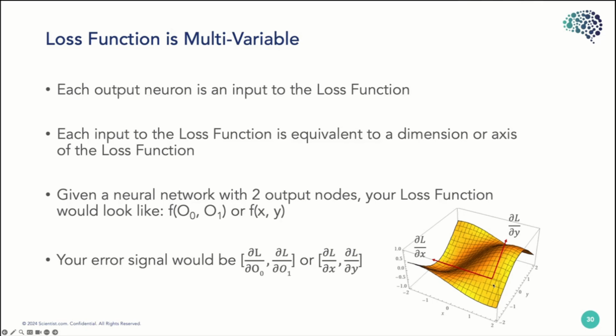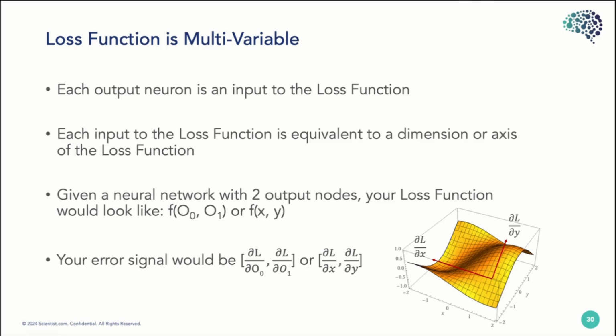Okay, so where does the derivative come in? What we're looking at here with this scary looking d is what's called a partial derivative. This is the partial derivative of loss with respect to x. And what that means is if I don't change anything else, if I leave y entirely constant and I only change my x variable, when x increases, does loss increase?